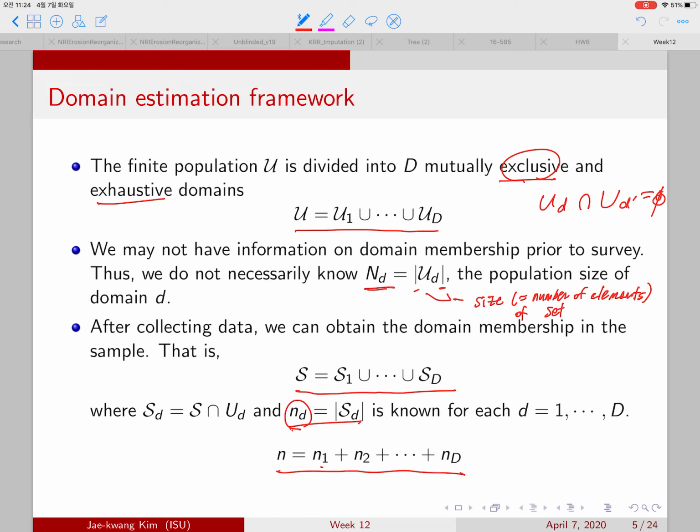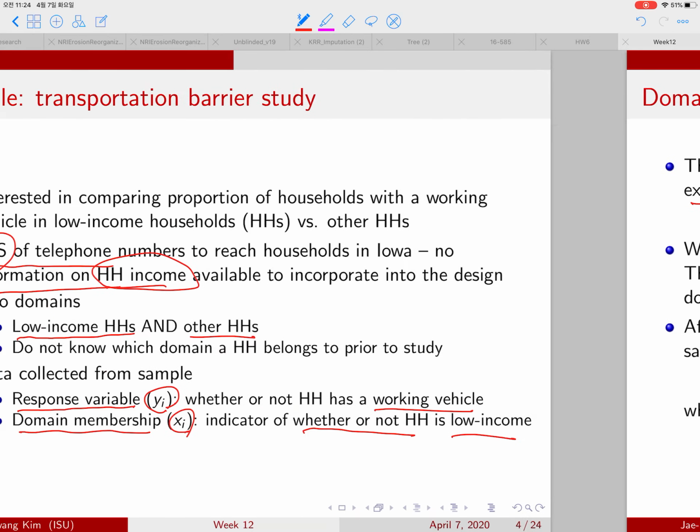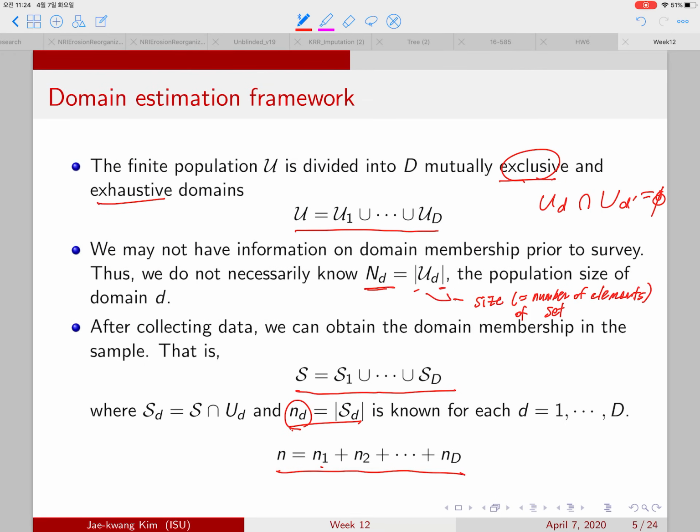The notation is somewhat similar to stratified sampling, but the main difference is that n_d is no longer fixed. That means it's random.